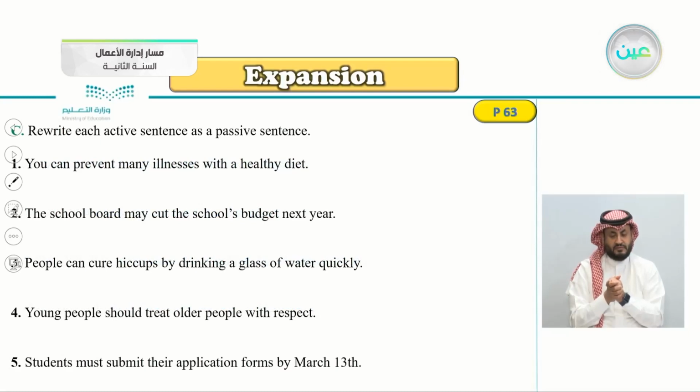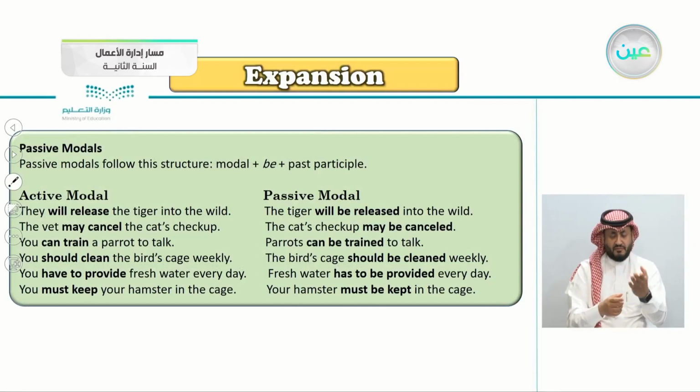Exercise C, rewrite each active sentence as a passive sentence. So, change from active to passive. If you remember this lesson, the passive modals follow the structure: modal plus be plus the past participle. They will release the tiger, the tiger will be released. So, this is the active here, will release the tiger.